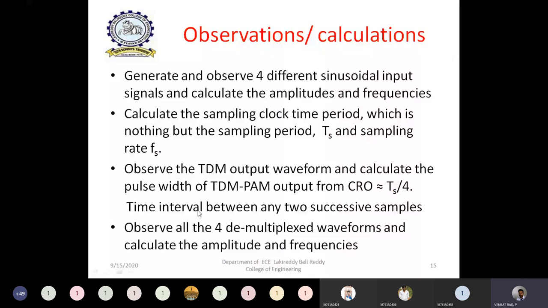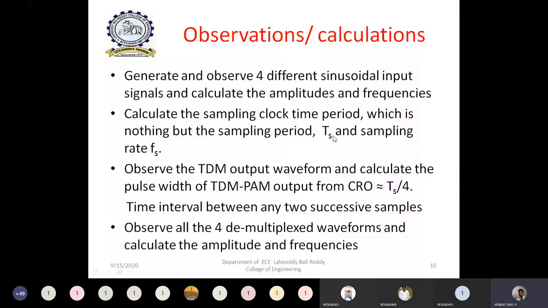what are the observations or calculations you must do for this particular experiment? The first thing is we need to observe all the 4 different sinusoidal input signals, and calculate the amplitude and frequencies of those, and calculate the sampling clock time period, which is nothing but the sampling period TS, and then FS.